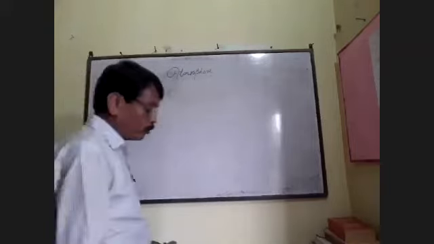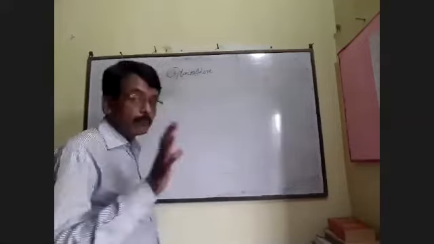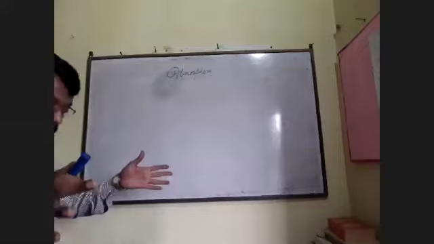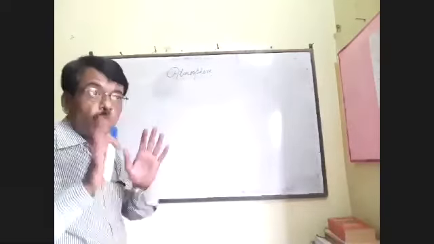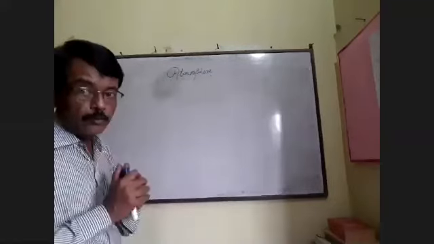Now in the atmosphere, as I told you, in the troposphere all the weather and climatic phenomena take place. What is weather? Weather refers to the condition of the air around us in a small area and for a very short period.